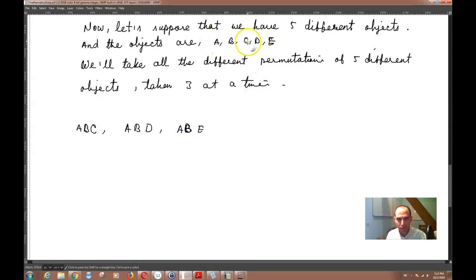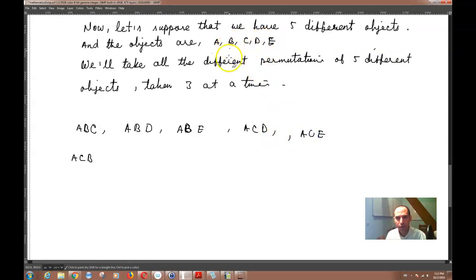Then you take A with C and then the other three: ACB, ACD, and ACE.